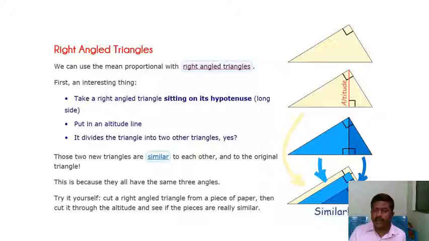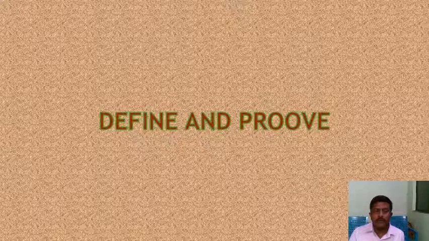This forms the second triangle and this forms the third triangle. This triangle is yellow color, this one is blue and this is dark blue. So all these are similar. You can try this activity: cut a right angle triangle from a piece of paper, then cut it through the altitude, and see if the pieces are really similar or not.